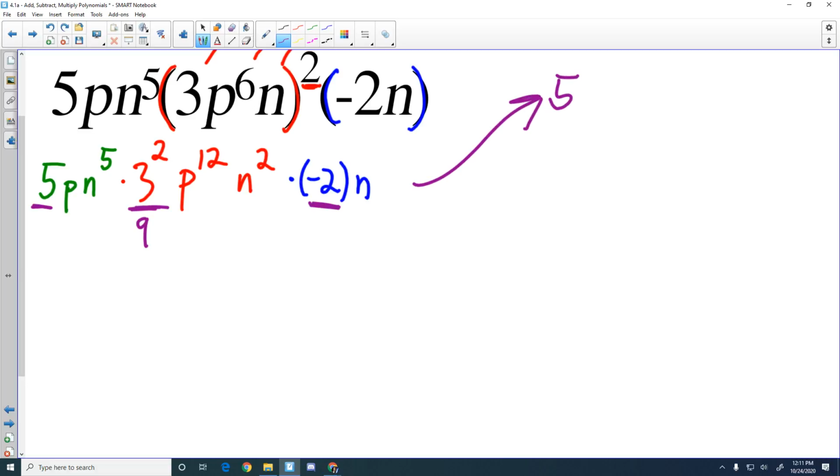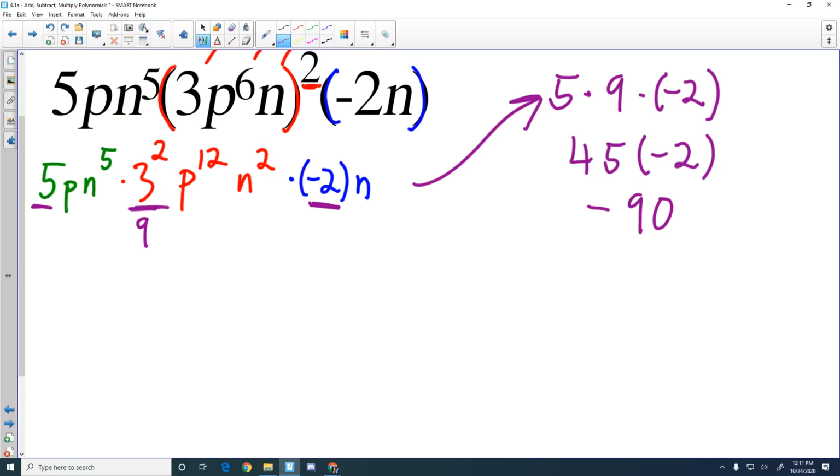I got 5 times 9 times parentheses negative 2, just so we know that we're not subtracting 2. Well, 5 times 9 is 45. And then 45 times negative 2 is negative 90. So negative 90 is our new coefficient.